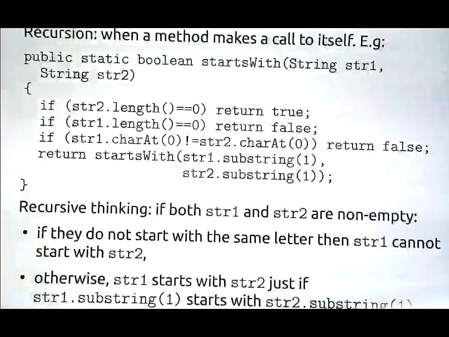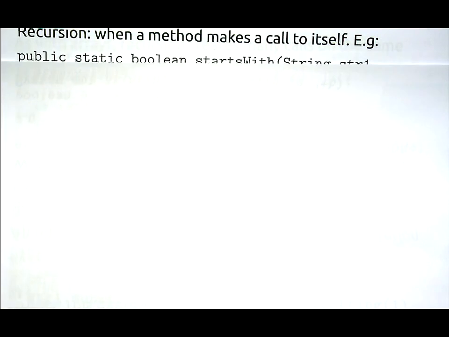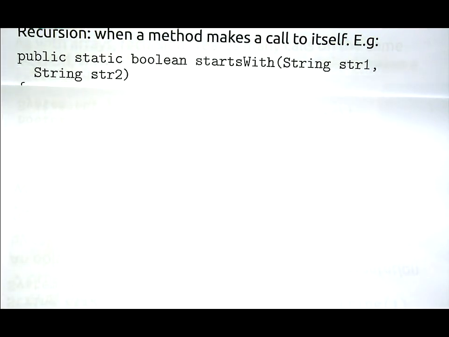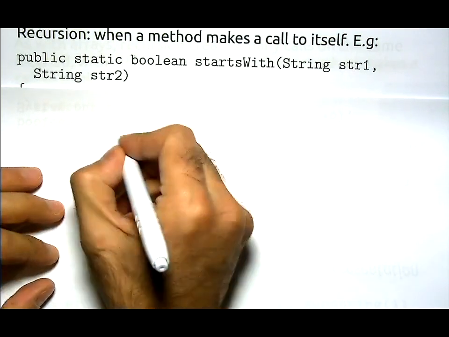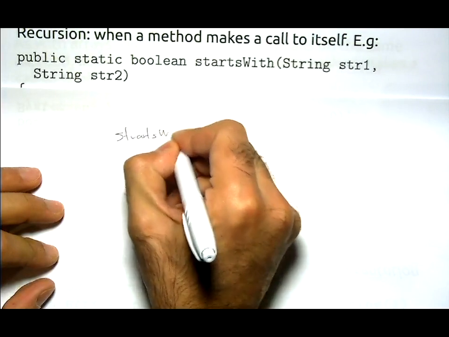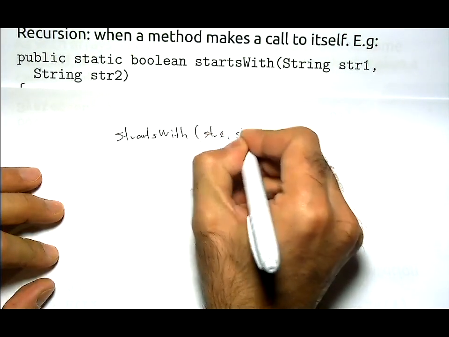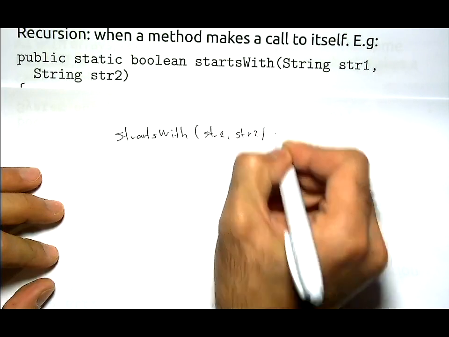And then remember we talked about recursion. We said recursion means a method makes a call to itself, to the same method. You define a method. So for instance, let's say we want to define a method startsWith, and we give it str1, str2.